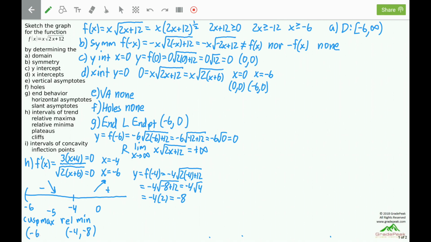and an x-coordinate of -6 and a corresponding y-coordinate that can be found by plugging the x-coordinate back into the original function.